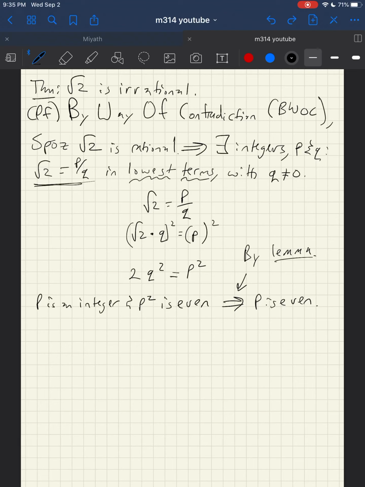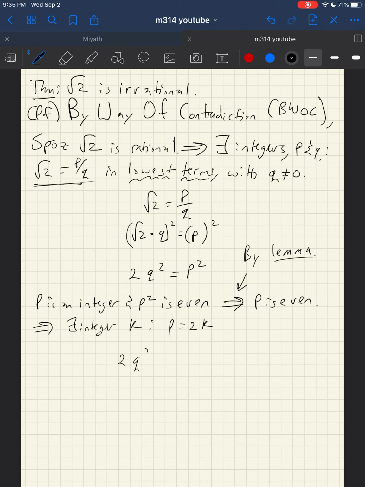Okay, so p is an integer and p squared is even implies that p is even by that lemma, which implies that there exists an integer k such that p equals 2k. So now we're already considering this quantity p squared, so let's throw 2k in there.